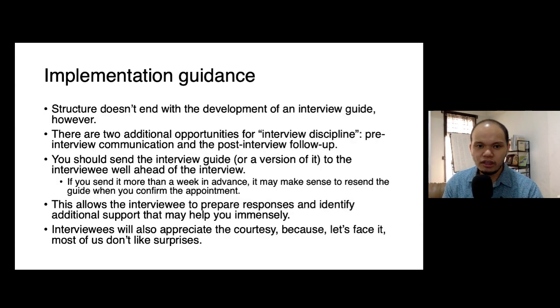Now, structure doesn't end with the interview guide, as we said a while ago. There are two additional opportunities for interview discipline, to put more structure: the pre-interview communication and the post-interview follow-up. Pre-interview, you should send your interview guide to the interviewee ahead of time.